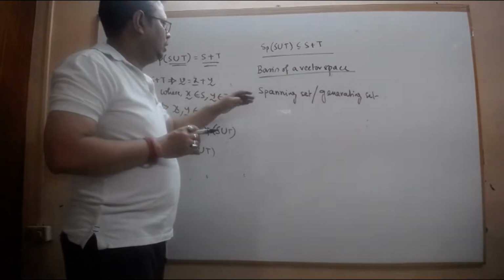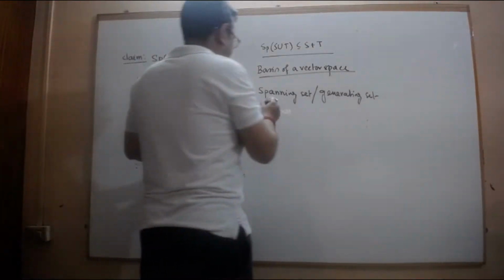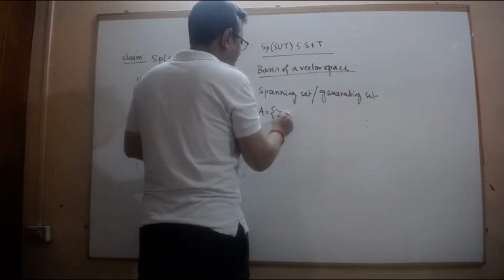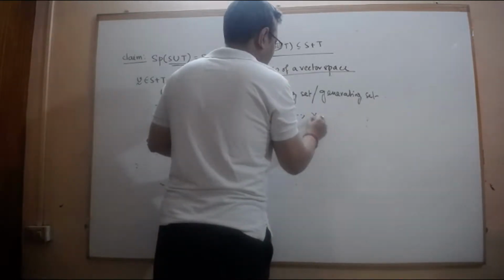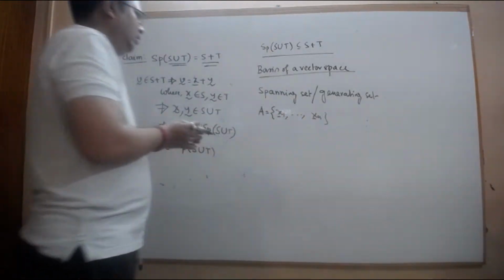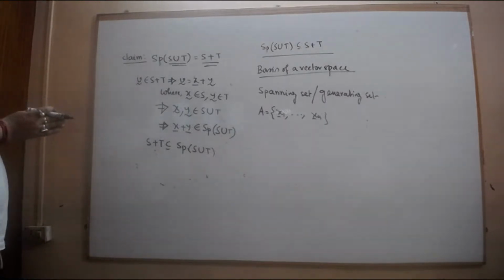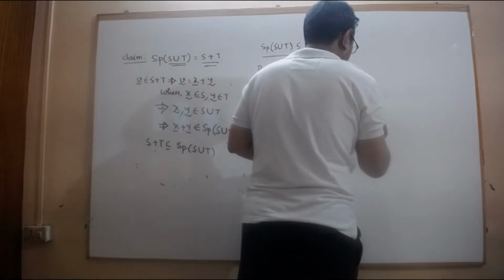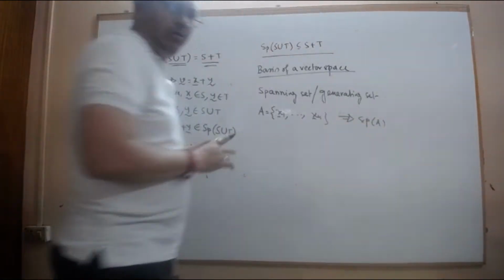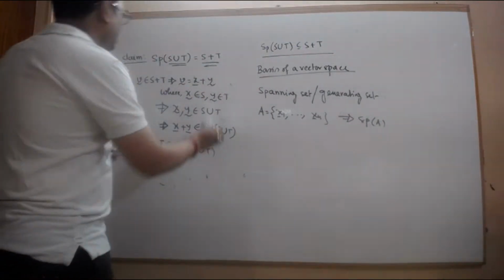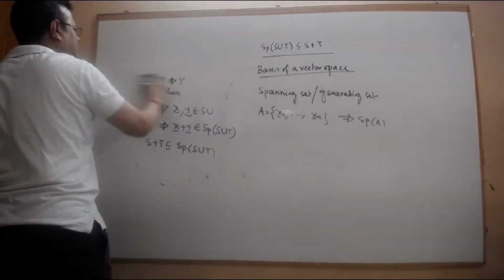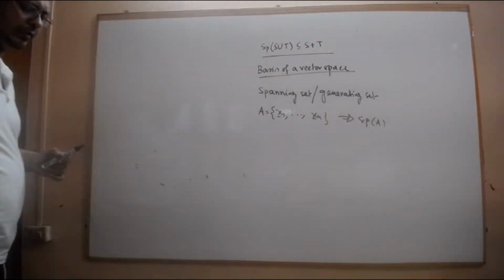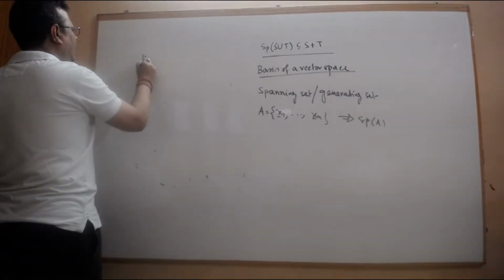But the question is, do we need these n vectors or fewer vectors to generate this span? So suppose I consider an example. Suppose I take R cube.